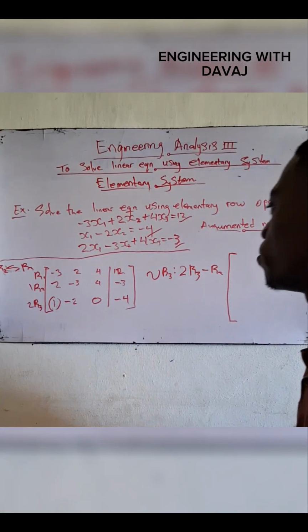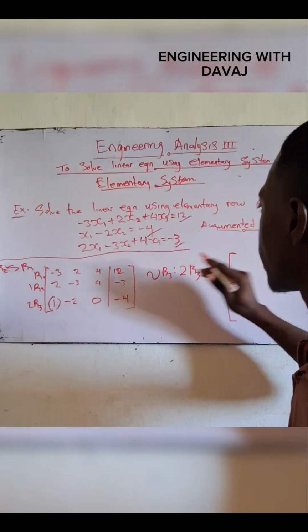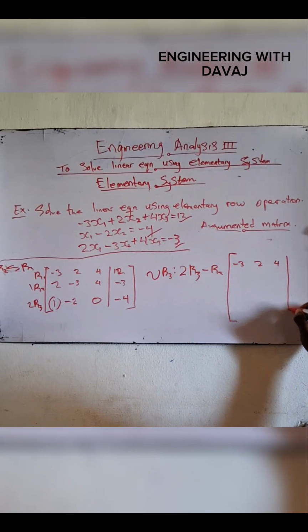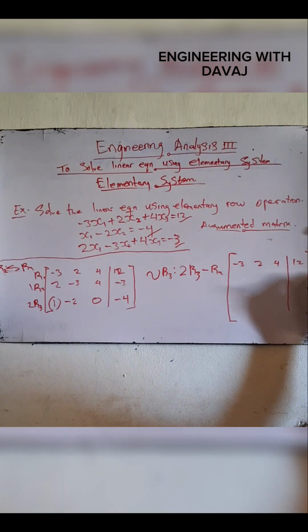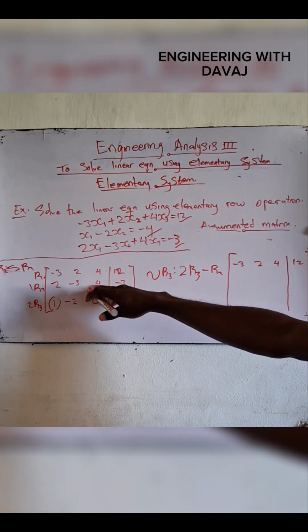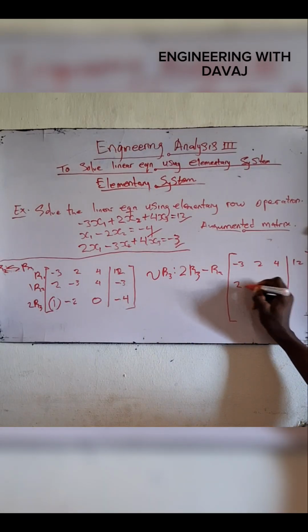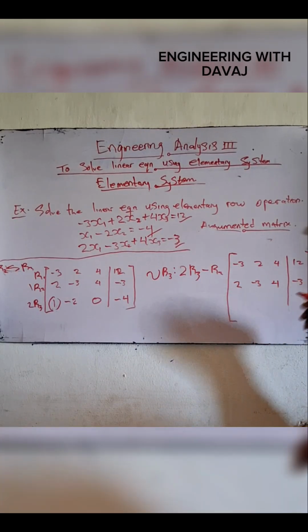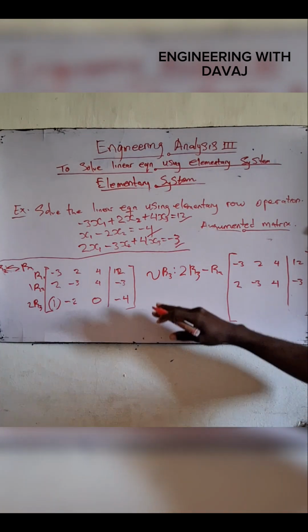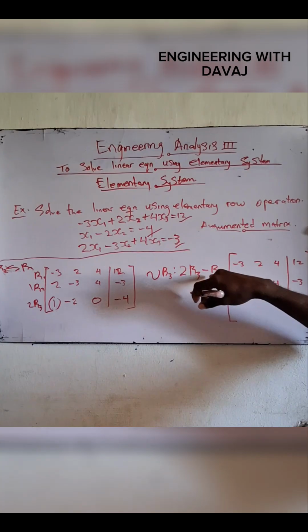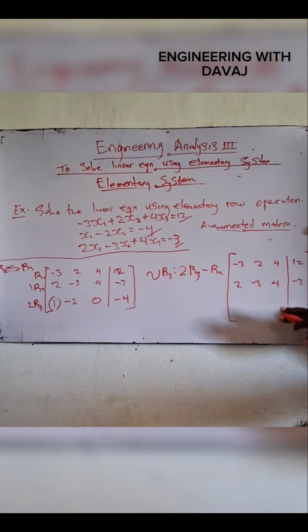I'm going to open a new bracket and write this back: minus 3, 2, 4, slash of 12. I'm going to close it like this. And I'm going to write the second one too, which is 2, minus 3, 4, and minus 3 here. So, taking the operation on row 3 such that 2 of row 3 minus row 2 is going to be my new row.